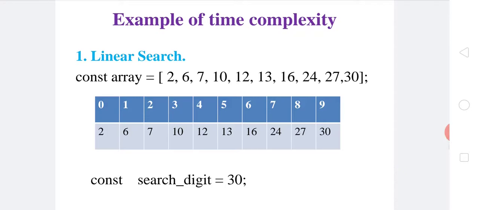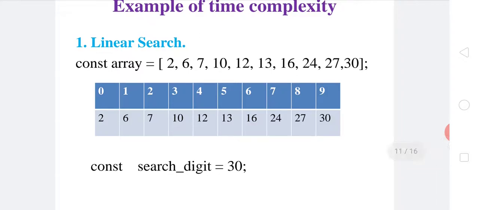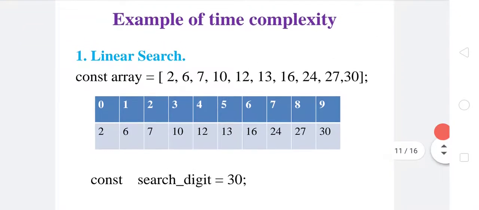Let us say the array contains 10 elements and we have to find the number 30 in the array. The search number is 30. The 10 array elements are placed in contiguous memory locations.